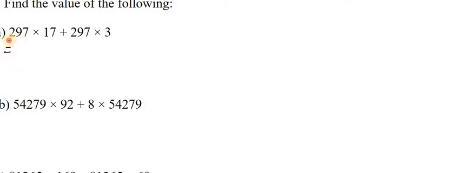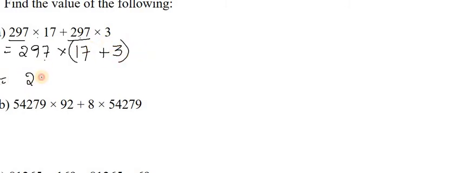If you observe properly, 297 is common, so we will just remove 297 into, and if I remove 297 and into, what is left? 17. And next what symbol is there? Plus, and 297 is there already, into is there already. What is the number left? 3. 297 multiplied by 17 plus 3 is 20.